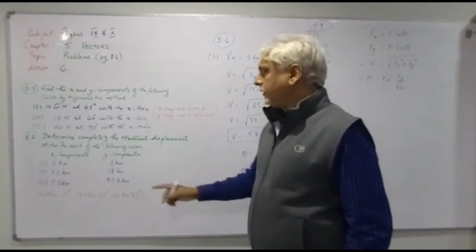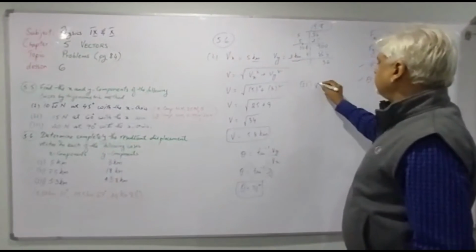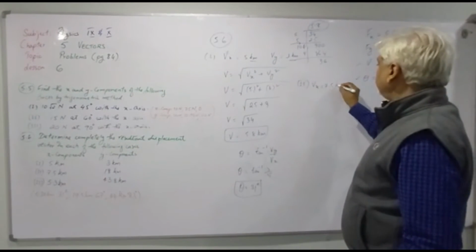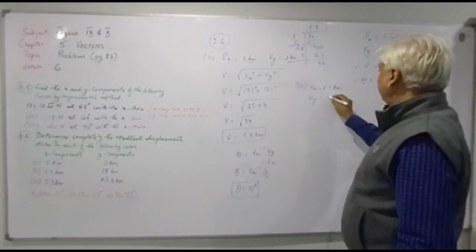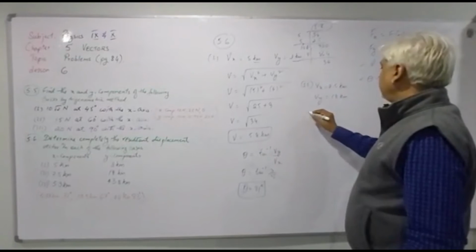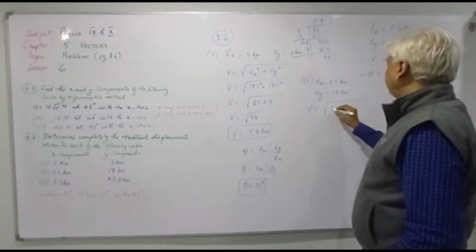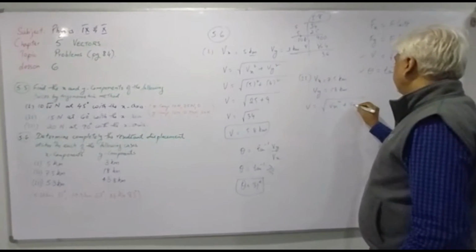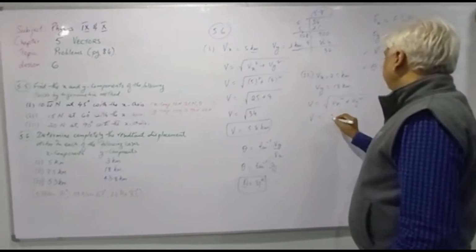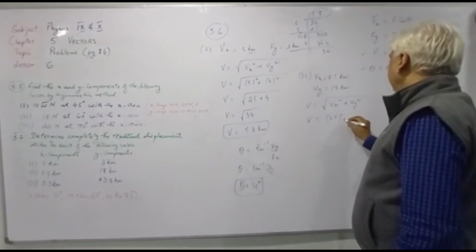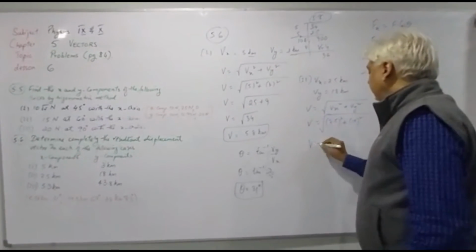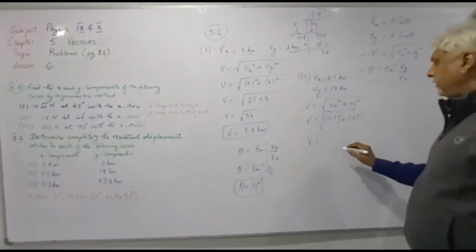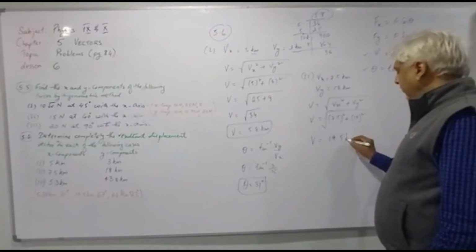It says here the x component Vx is 7.5 kilometers and the y component Vy is 18 kilometers. When you calculate the resultant vector V, which is the square root of Vx squared plus Vy squared, V is equal to the square root of 7.5 squared plus 18 squared. You work this out and you will get the answer as 19.5 kilometers.